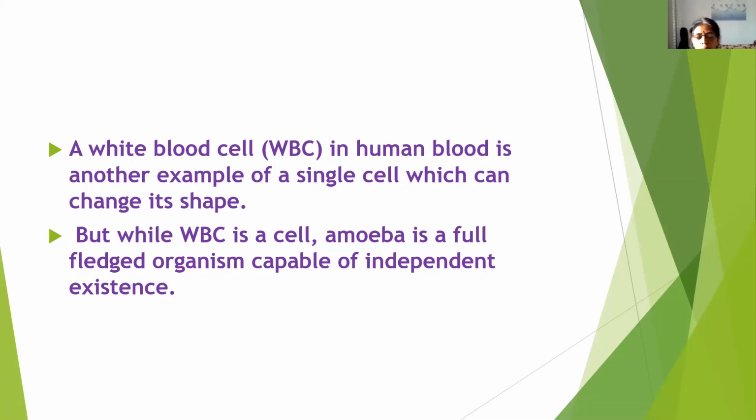If you compare WBC and amoeba, amoeba is a single cell capable of independent existence. Got it? So name the single cells which can change their shape: amoeba and WBC. But amoeba is an organism which leads an independent existence. WBC is a cell, a part of an organism.